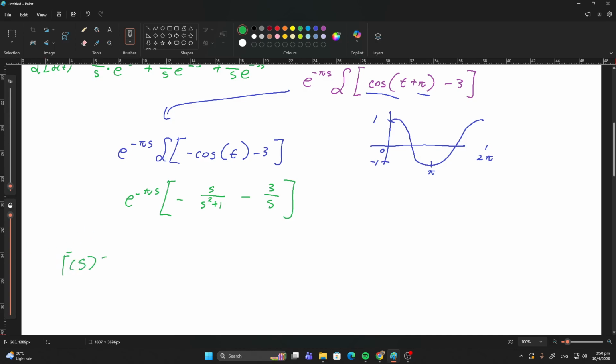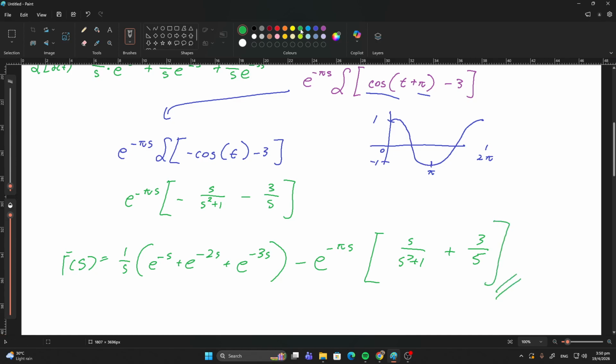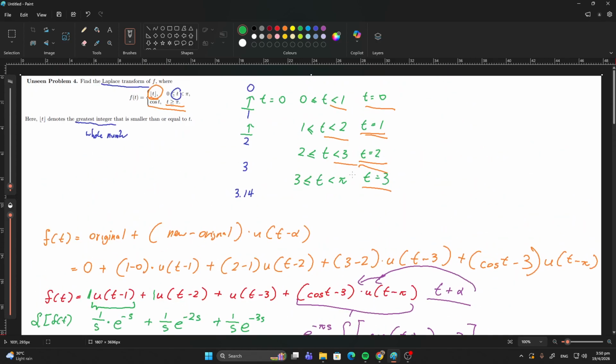So F(s) equals 1 over s, e to the minus s plus e to the minus 2s plus e to the minus 3s, minus, I can just bring out the minus sign, e to the minus pi s times s over s squared plus 1 plus 3 over s. Sorry. Right, and there you have it. Laplace for a very special step function.